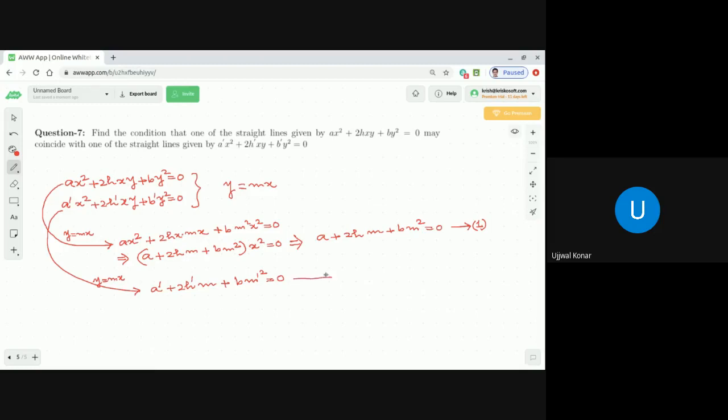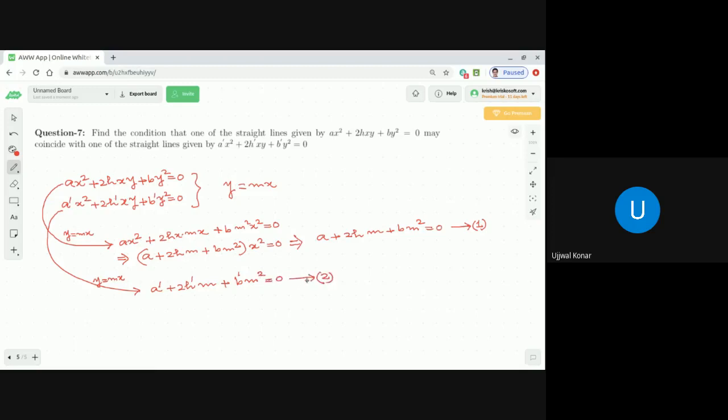I'm sorry, there is a small mistake here: it should be b dash m square, not b m dash square. This is equation number 2.